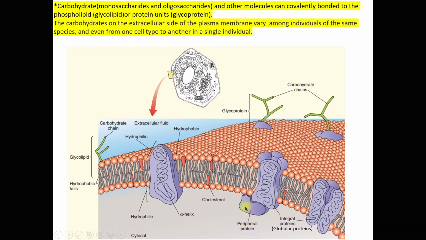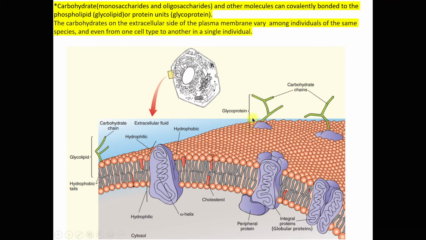Carbohydrate and other molecules can be covalently bonded to the phospholipid or protein unit. Now, if this protein molecule bonds with a carbohydrate chain like this, we call it a glycoprotein. Glyco means carbohydrate, and protein is the protein. So glyco, the carbohydrate chain, and this is the protein.